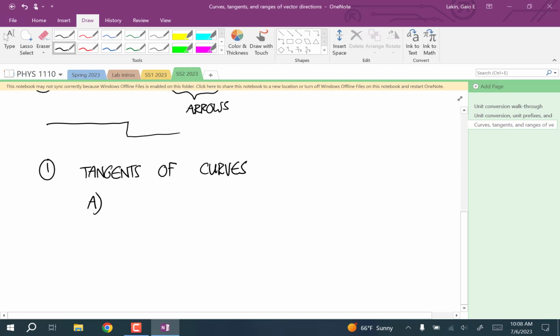What are we going to do with this in the case that our curve represents a graph? If the curve represents a graph, what we care about is the sign, the plus minus sign of the tangent line.